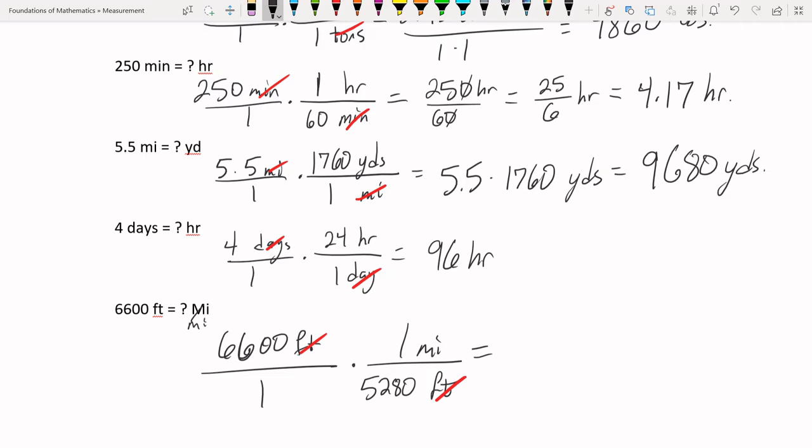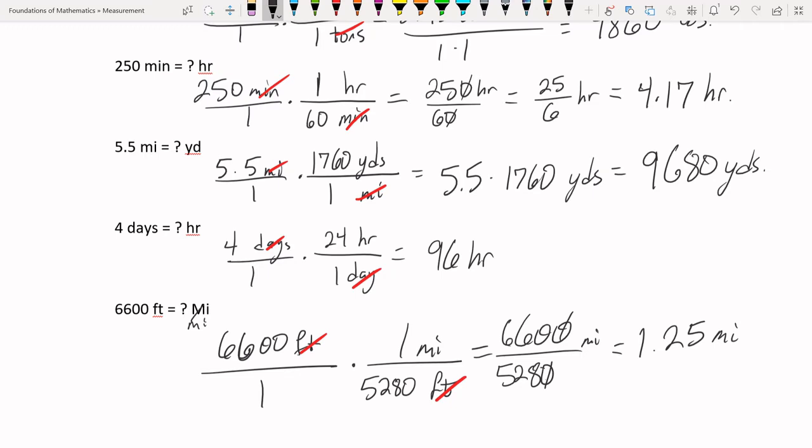Now we get 6,600 times 1 is 6,600. 1 times 5,280 is 5,280. These are miles. Cancel that. We can divide by 2. I'm just going to actually find the decimal number by doing the division. And I get 1.25 miles.